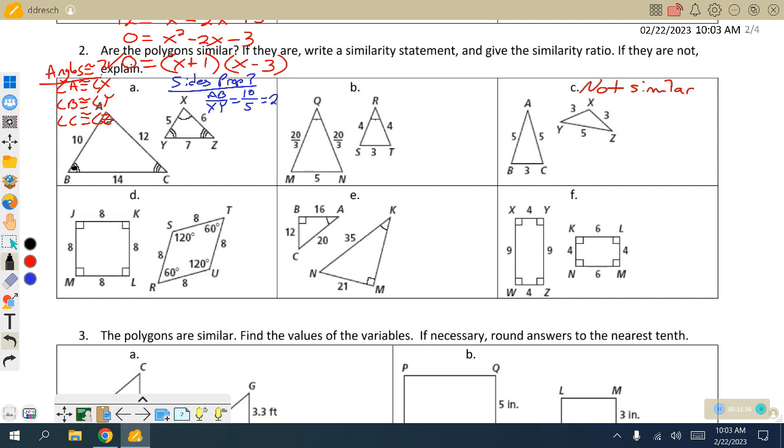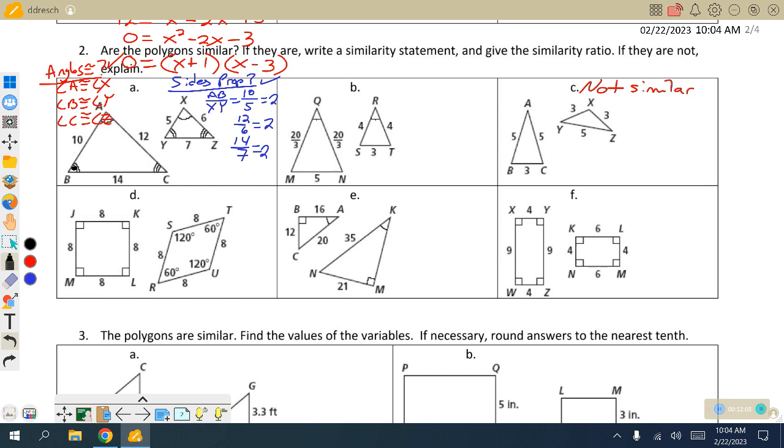That reduces down to 2, right? Then I pick the next side of 12, 1, 3 marking, 1, 3 marking. So 12 goes to 6. So far, so good. And then BC of 2, 3, 2, 3, 14 to 7 reduces also to 2. So we are proportional. We are congruent.